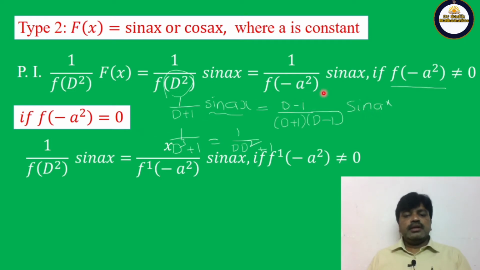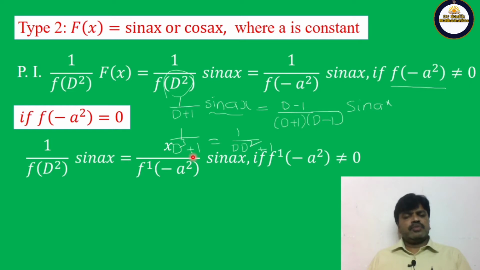And if f(−a²) is equal to 0, then the particular integral is simply x by what, friends? You differentiate the denominator with respect to D and replace with the constant. So we get x/f′(−a²) sin ax. This is the required particular integral. This is the concept when f(x) is sin ax or cos ax, friends.